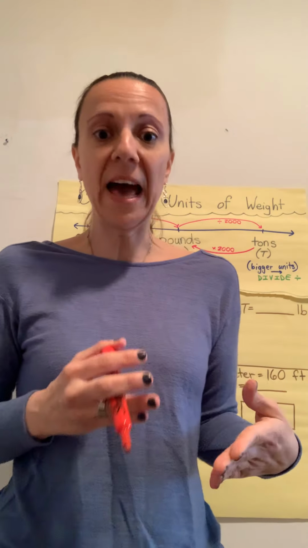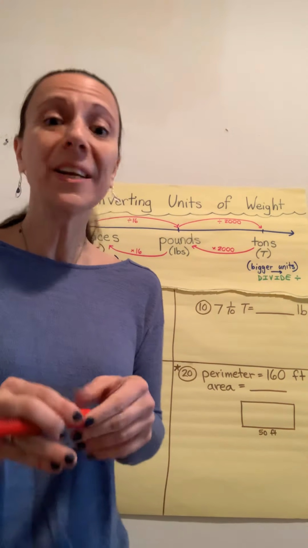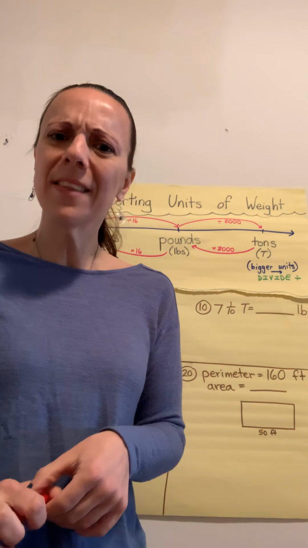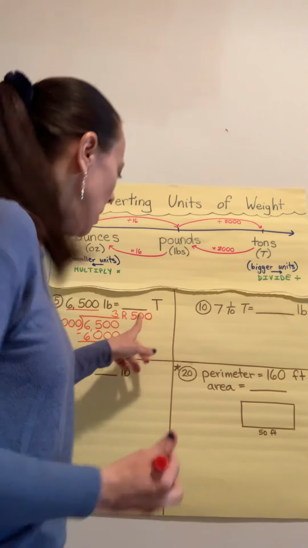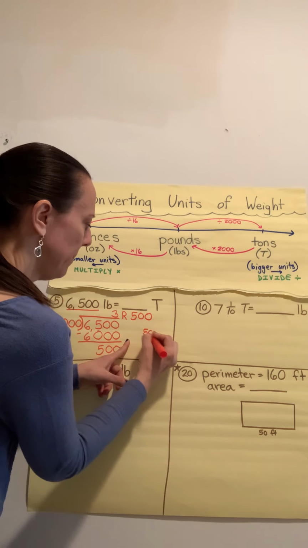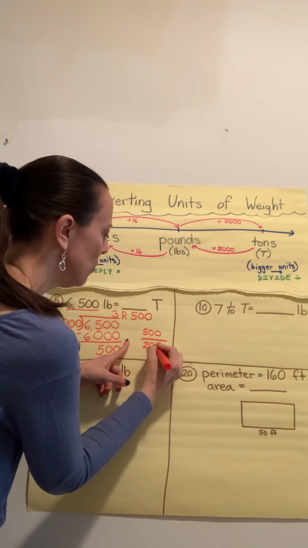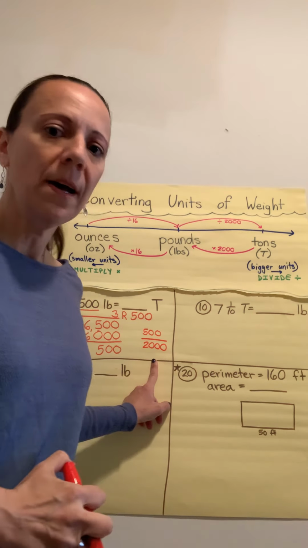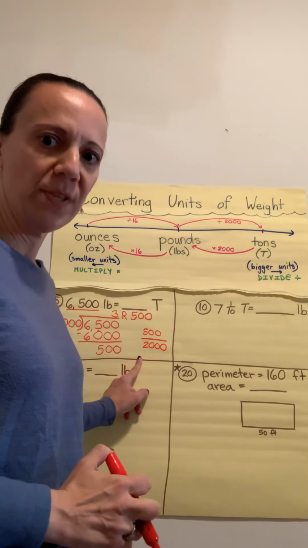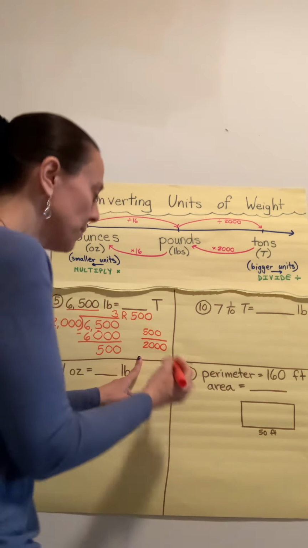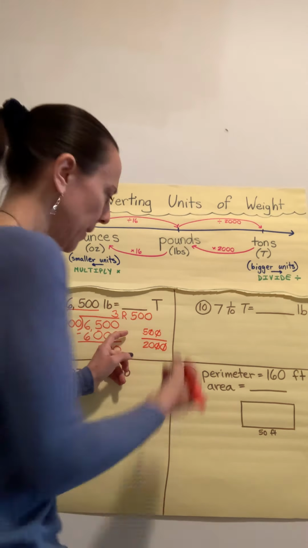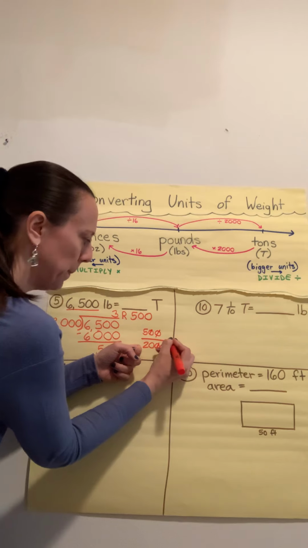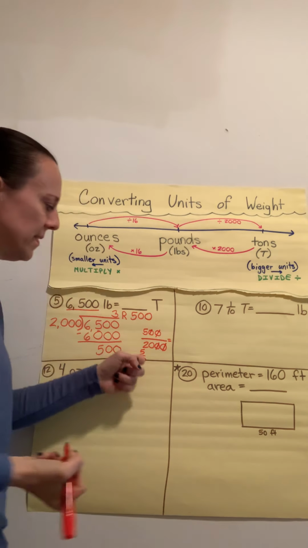As we talked about a couple days ago, I don't want to use a remainder. I want to convert that into tons as well, but it's not going to be a whole ton. So I want to think about what fraction of a ton that is going to be equal to. So 500 out of 2,000 pounds it would take to make a ton. 500 out of 2,000 does not look like it's in simplest form. Well, let's see. I could divide by 100 in the numerator and 100 in the denominator, and I come out with 5 over 20. 5/20 is still not in simplest form.